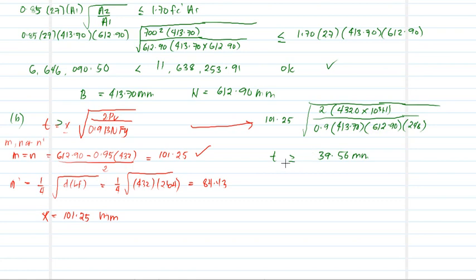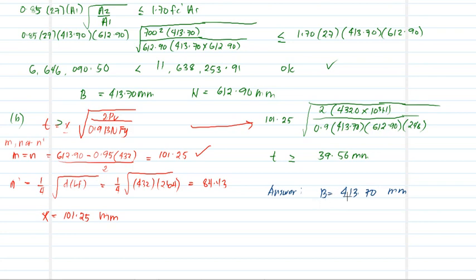Okay, so pag na-solve na natin yung T, yan na yung magiging most economical section natin sa ating problem. So, our answer now would be, yung answer natin, yung B natin, which is equal to 413.70. So, sa problem, kunin natin yung exact value.